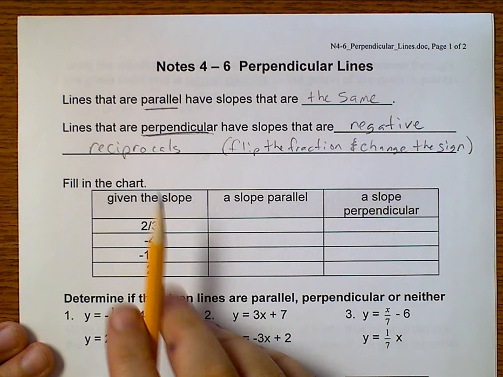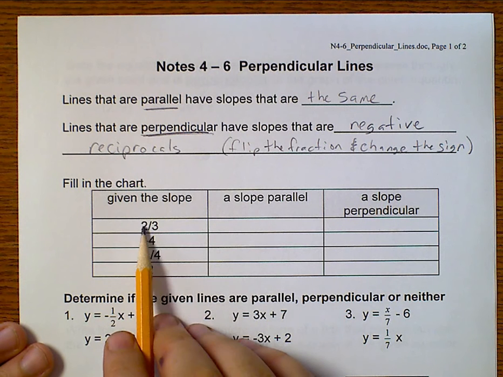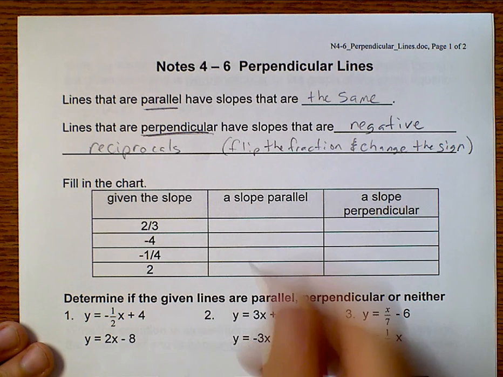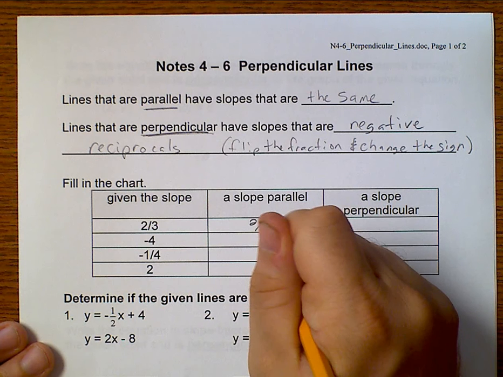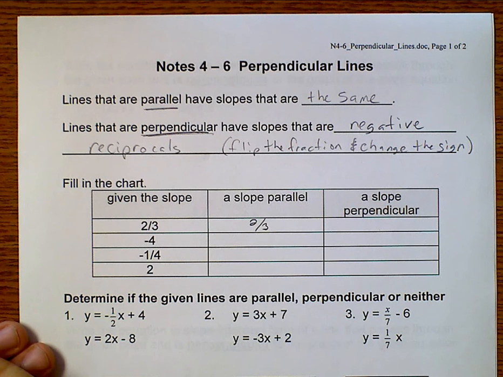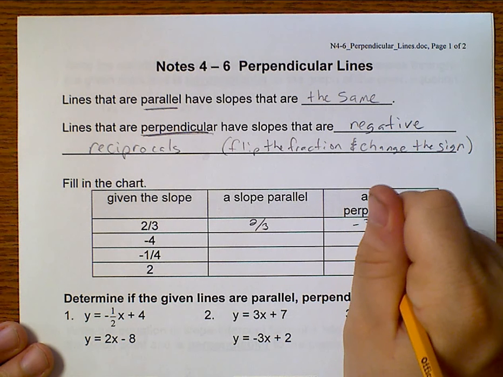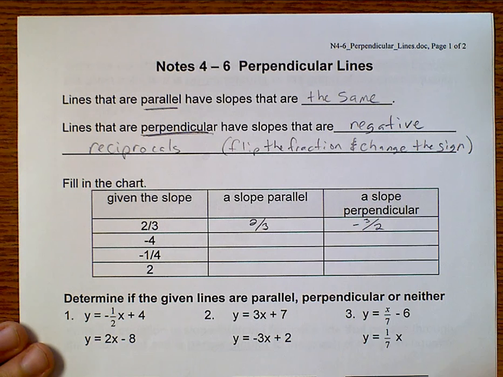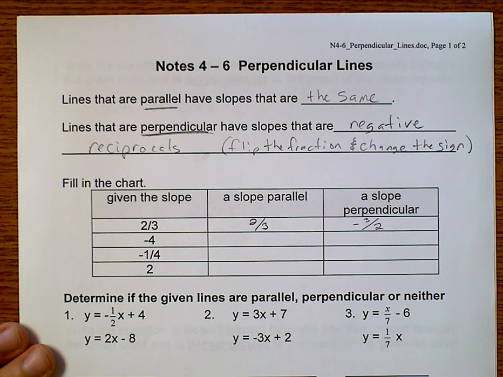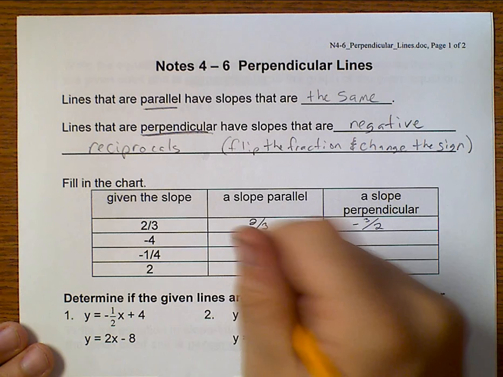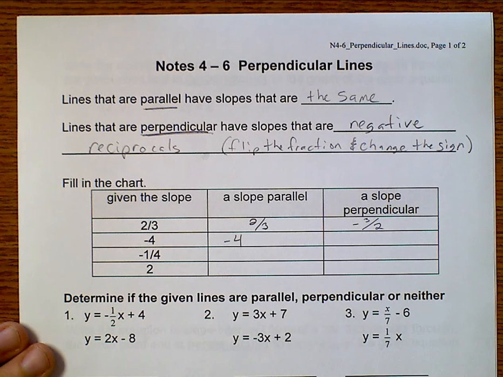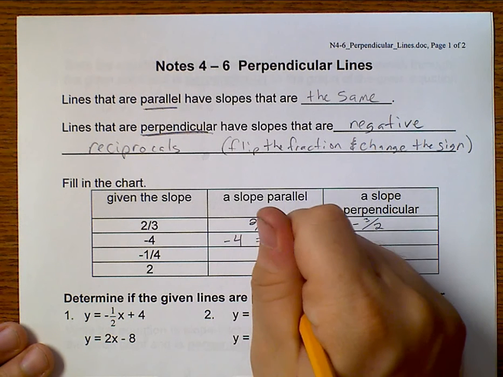So if I'm given a slope of 2/3, one that's parallel would also be 2/3, but one that is perpendicular would be negative 3/2. If I'm given a slope of -4, one that's parallel is -4, and that's the same as saying -4/1.